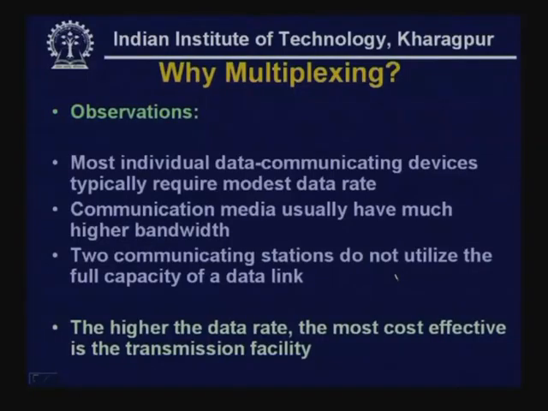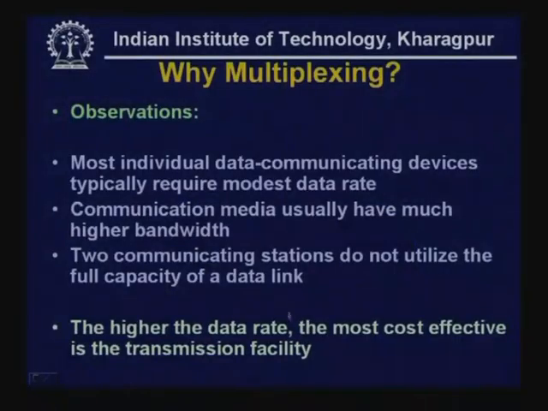On the other hand, the communication media usually have much higher bandwidth. For example, nowadays we can use coaxial cable, optical fiber, microwave link, they have several megabits per second, hundreds of megabits of bandwidth, and as a consequence the communication media provide you much higher bandwidth.